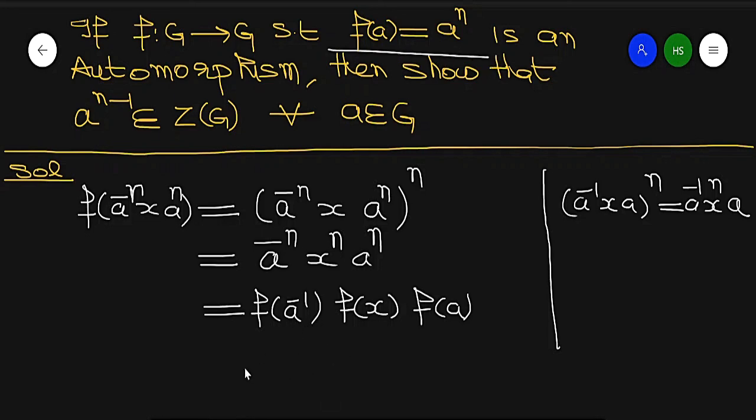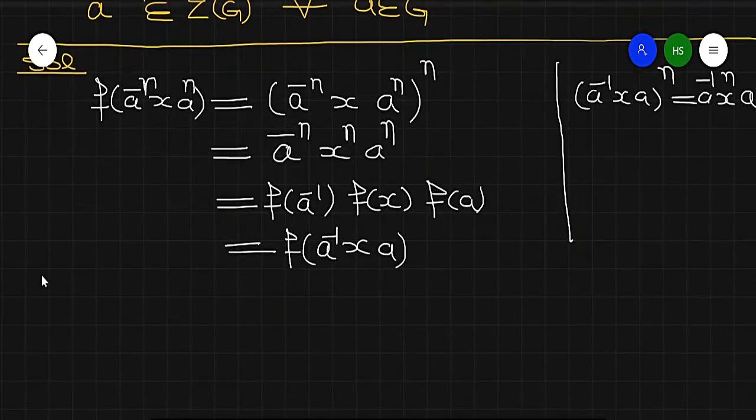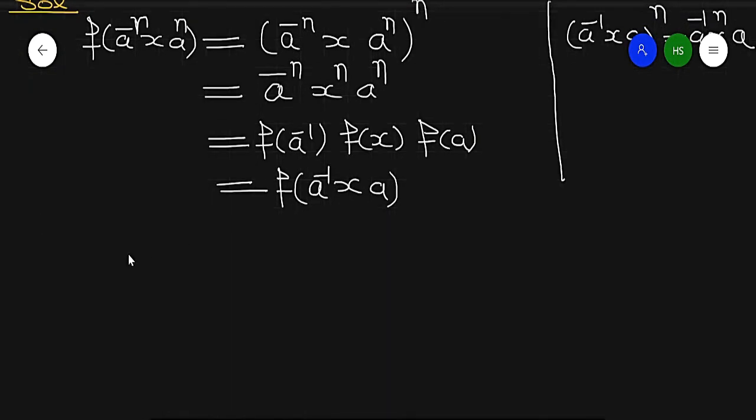Since f is an automorphism, it is a homomorphism, so this is a inverse x into a. Again, because f is an automorphism, it is one-one, so if the images are the same, then the elements are also equal.